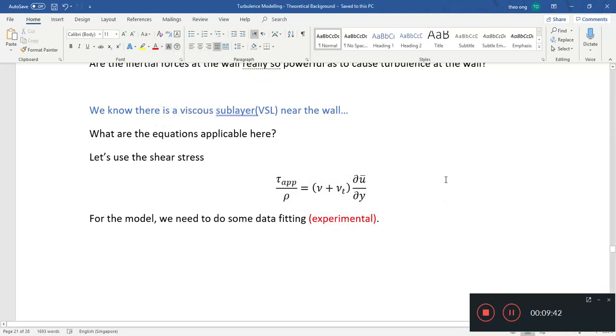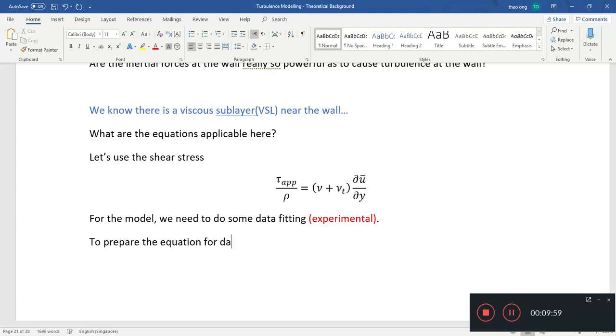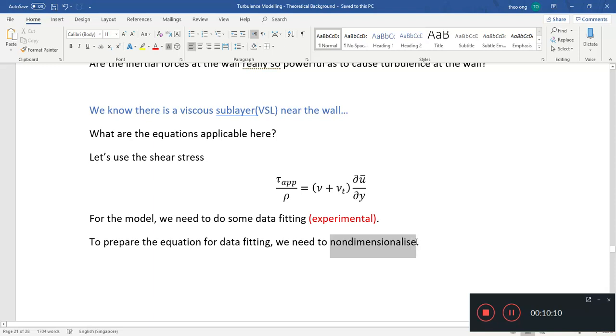So again, when we do experimental data with various fluids of changing viscosity, density, etc., we will need to do some scaling. So to prepare the equation for data fitting, we need to non-dimensionalize.